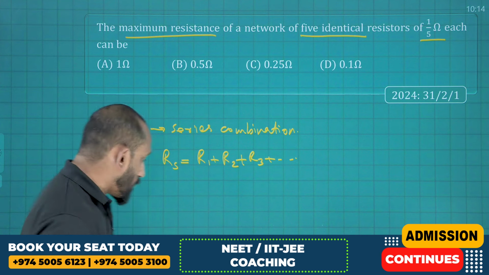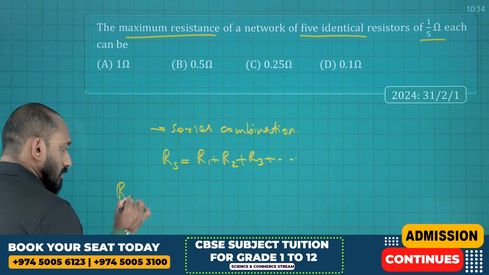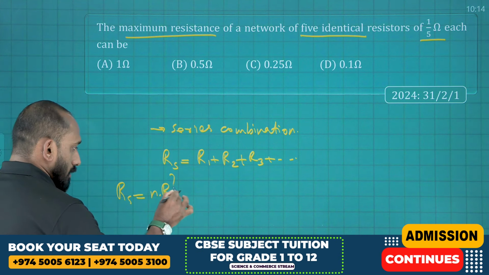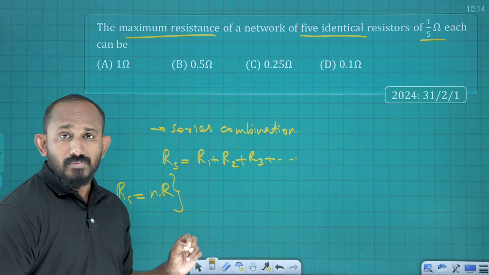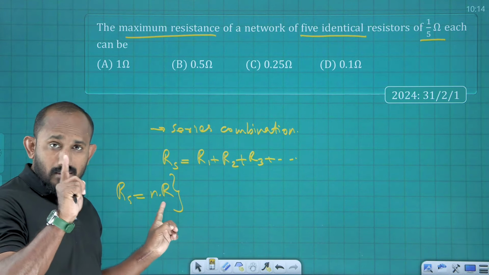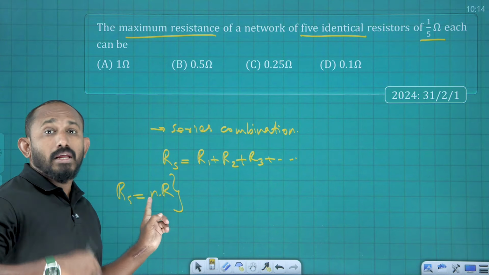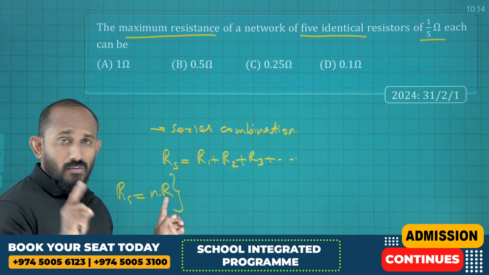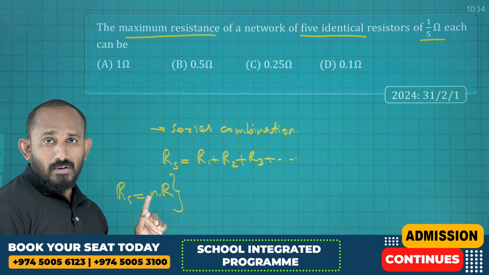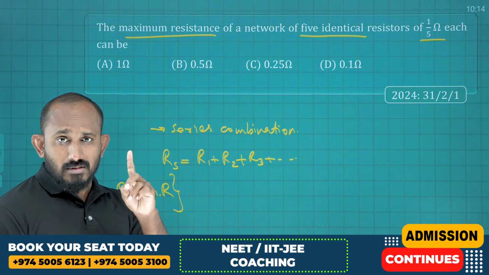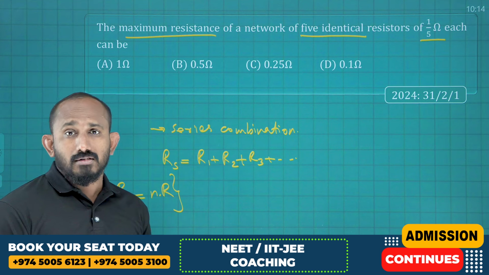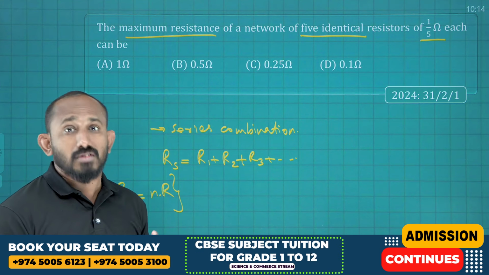Now, one shortcut you might have gone through: Rs is equal to N into R. If all of them are identical, then R is the value of one resistance, and N is how many there are. The number of resistors times the value of one resistance will be the total resistance of identical resistors in series combination.